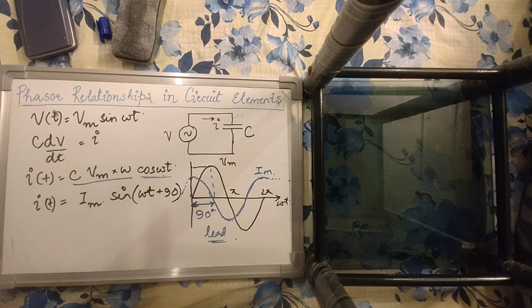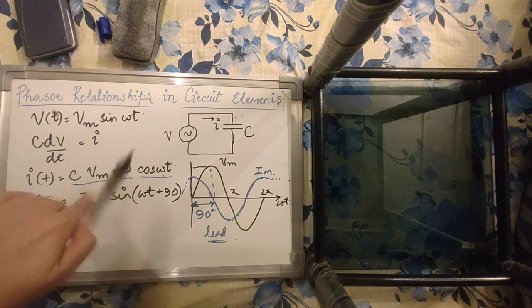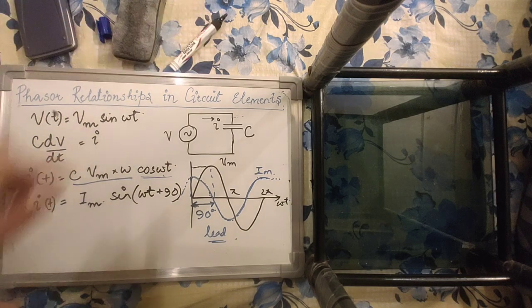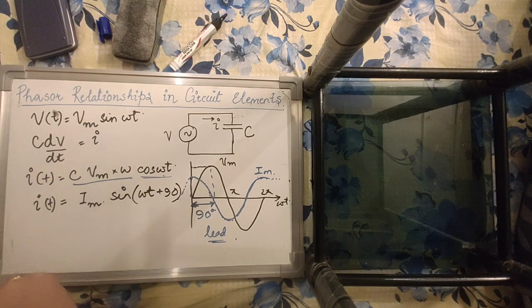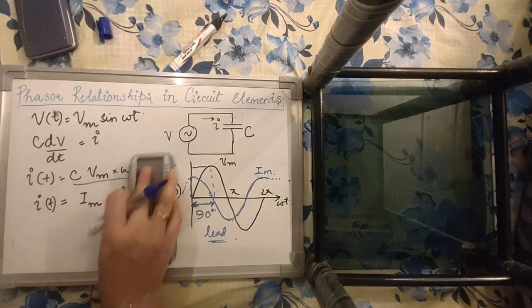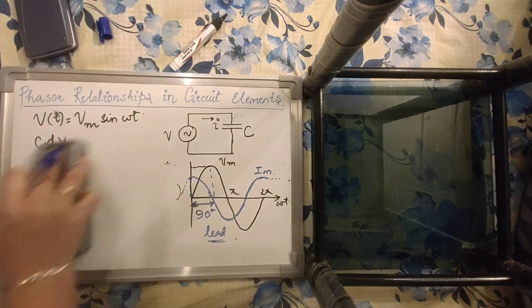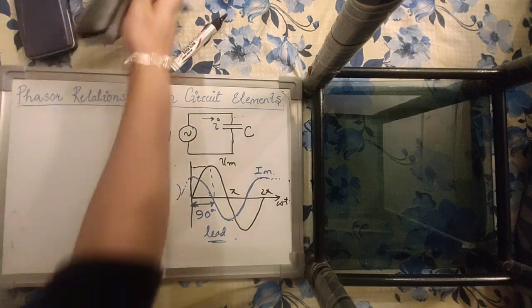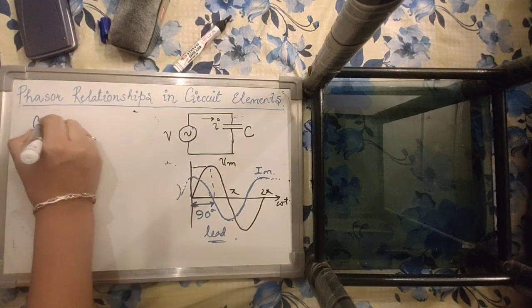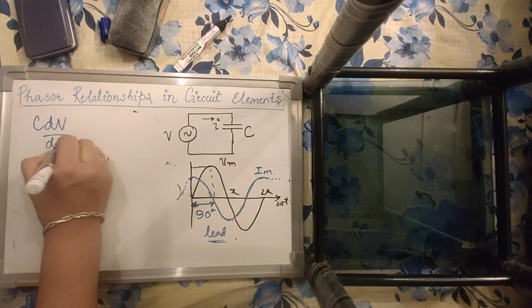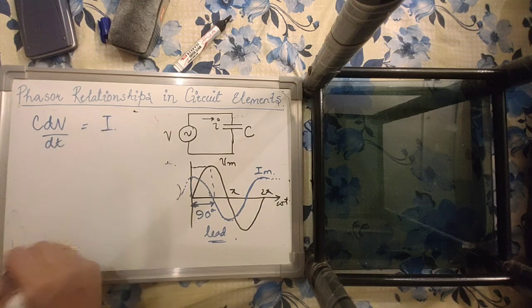Now I want the same information through phasor analysis. This was all time domain analysis. The same analysis we are going to repeat with phasors. Now I know that the voltage phasor and the current phasor will retain the relationship like this.